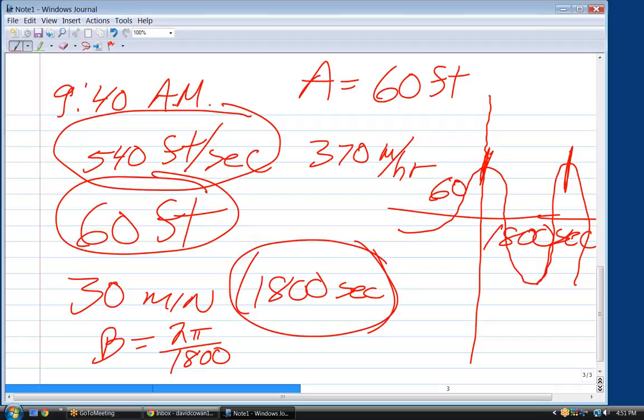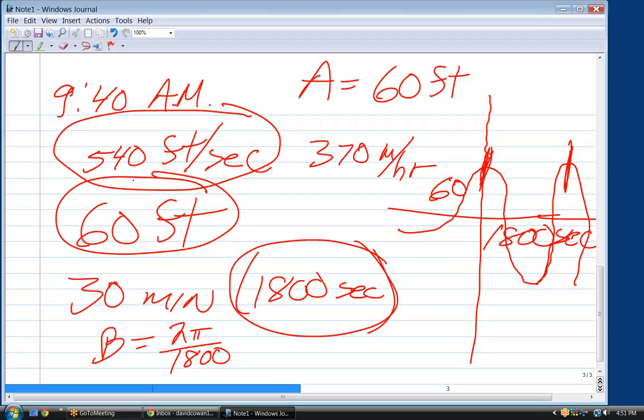Trying to figure out why that matters. What are we looking for? We're looking for the distance. Ah, okay. Now I know why it matters. Well, we know that it's 1800 seconds between peaks.